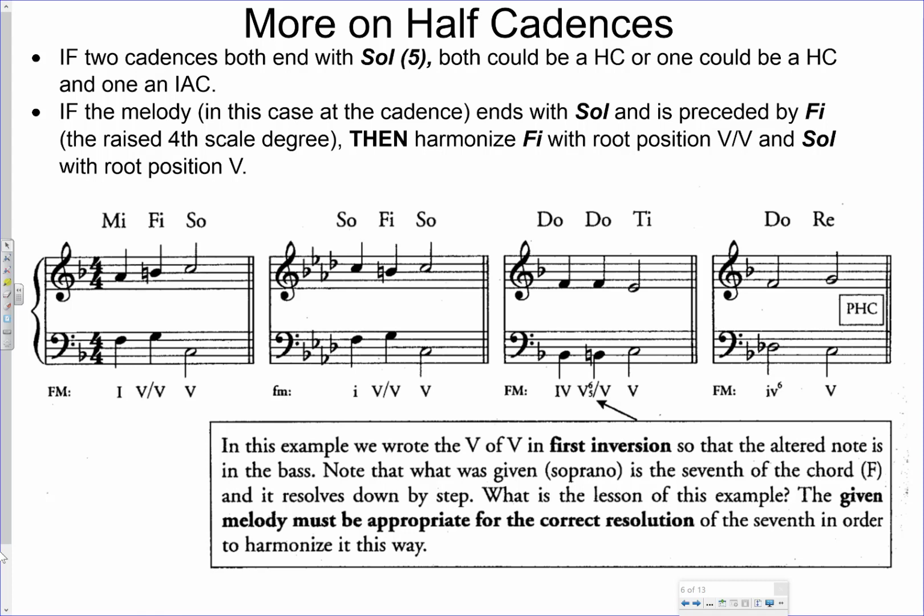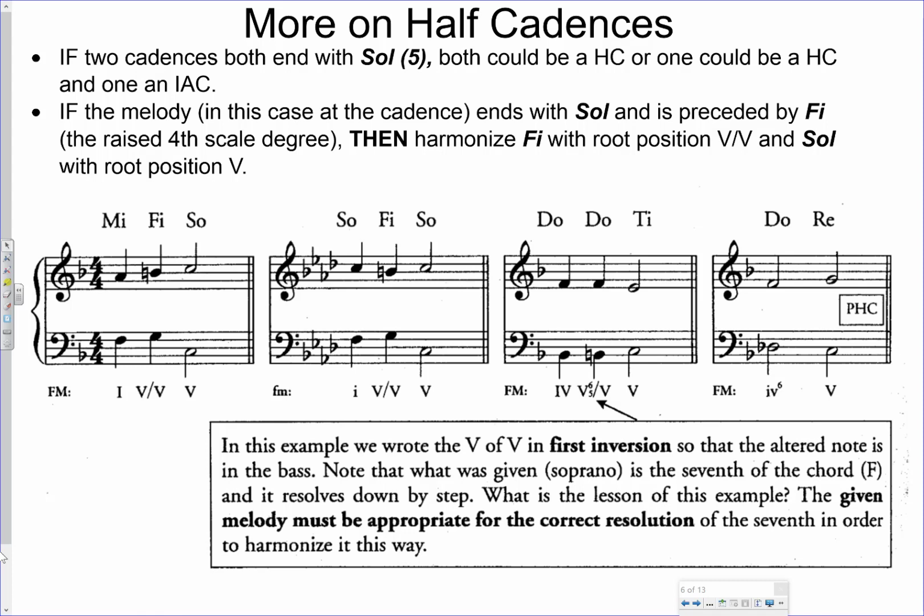Now, in the third example, let's read what's in the box at the bottom. In this example, we wrote the 5 of 5 in first inversion, because you see the 5, 6, 5 there. So in other words, the non-diatonic tone is in the bass, so that the altered note is in the bass. Note that what was given in the soprano is the 7th of the chord.